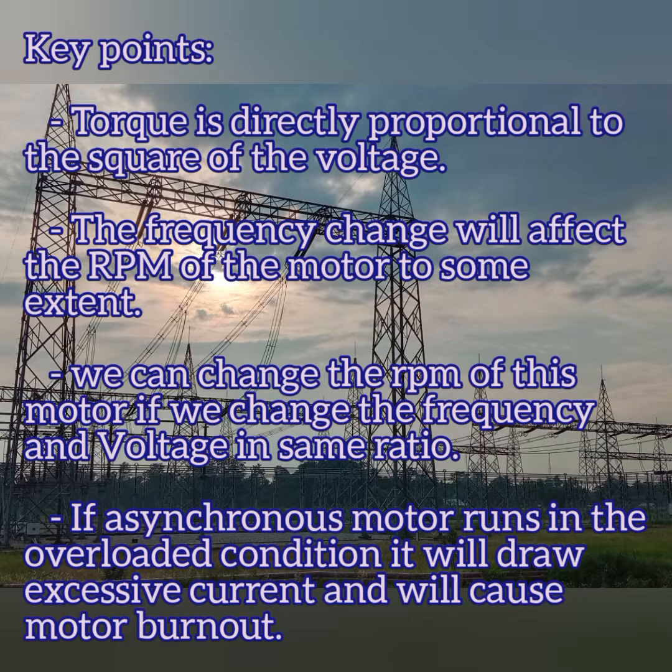The frequency change will affect the rpm of the motor to a certain extent. Changing the rpm of this motor is possible only if we change the frequency and the voltage in the same ratio. If the asynchronous motor runs in an overloaded condition, it will draw excessive current, and even cause burnout of your motor coils.